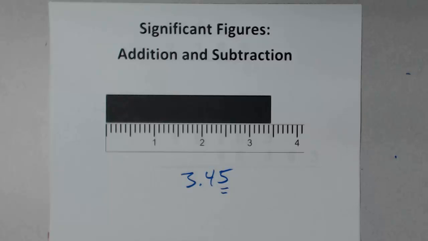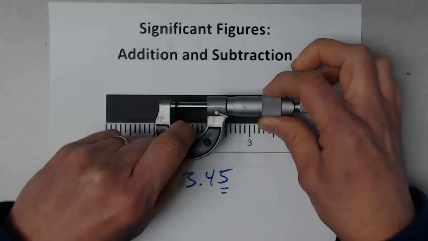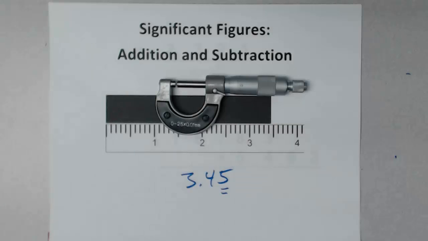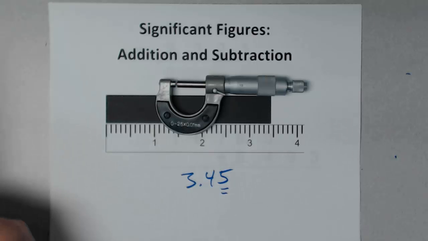Now suppose we measure another piece of metal, but this one we measure with a more precise instrument. There's a device called a micrometer that we could use. This is what a micrometer looks like. And this particular micrometer would let us measure the length of an object to the nearest thousandth of a centimeter.